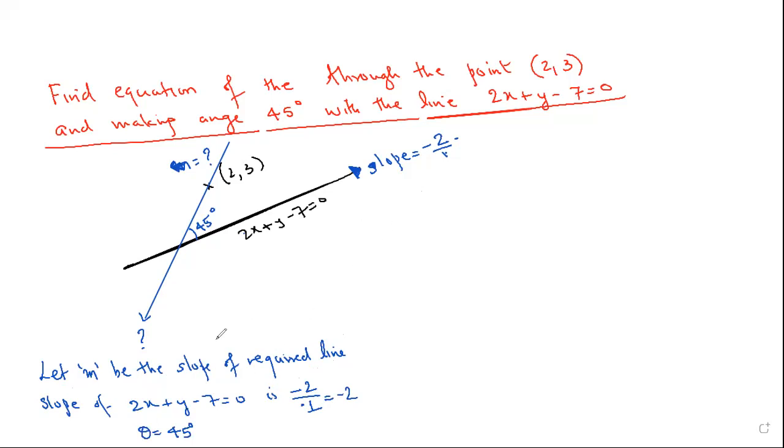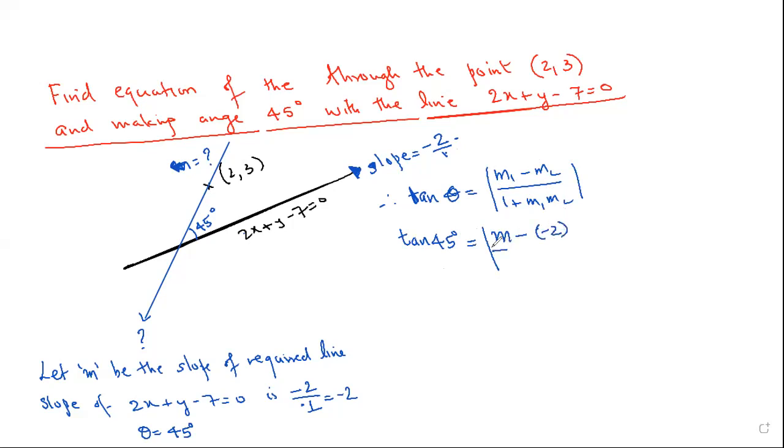Now write the formula: tan theta is equal to modulus of m1 minus m2 upon 1 plus m1 m2. So tan 45 is equal to m, with m1 as m and m2 as -2, upon 1 plus m into -2.